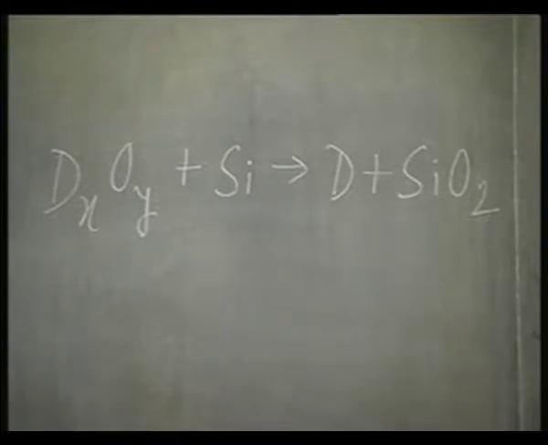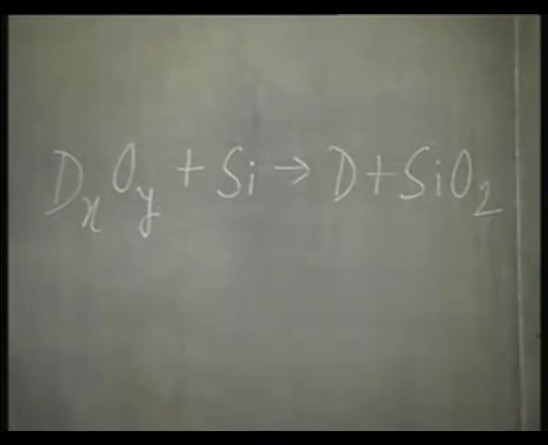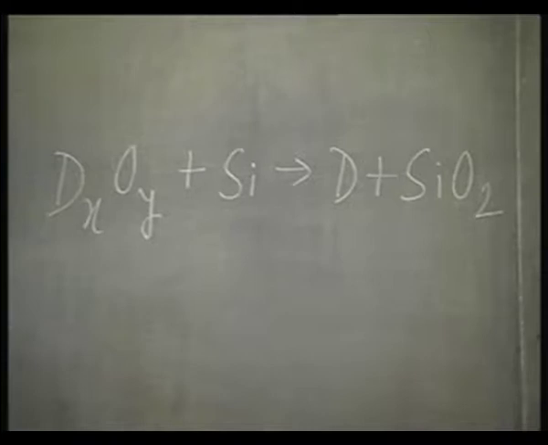This is what is going to happen in most of the cases. So, this dopant will be introduced into the silicon, and at the same time the silicon dioxide that will be formed on top of the surface will act as a barrier against out diffusion of the dopant. This is essentially what is going to happen at the time of the diffusion.